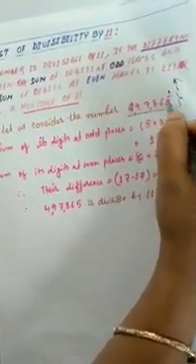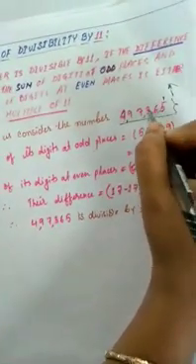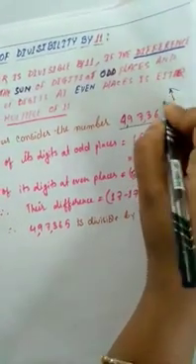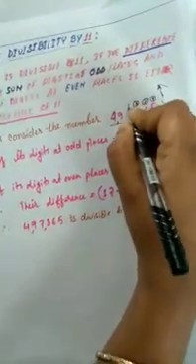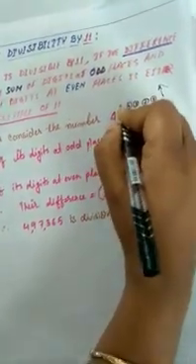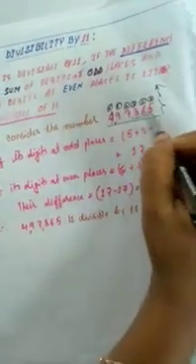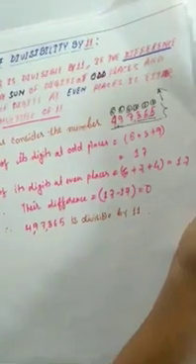If we count the places, we have ones, then tens, hundreds, thousands, ten thousands, lakhs. So it is 1, 2, 3, 4, 5, 6. How many digits are there? There are 6 digits. We discussed odd and even in our last class.